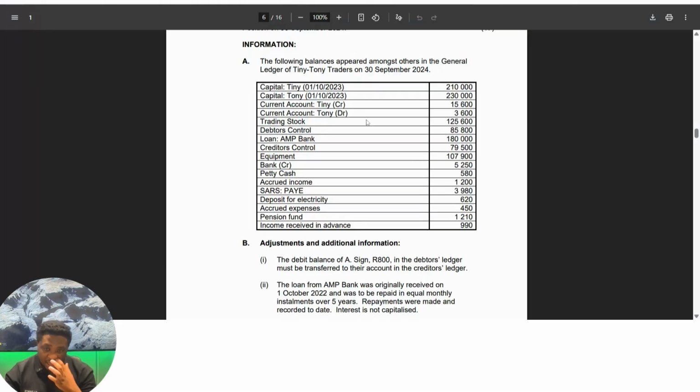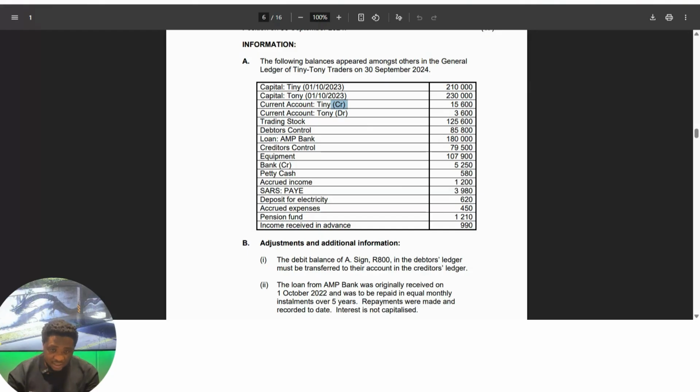Now, as it relates to the current account, you can see one partner has a current account of 15,600 credit, as it should be. That means that they have a positive current account balance. But then Tony, he has 3,600 debit, which means it's negative.